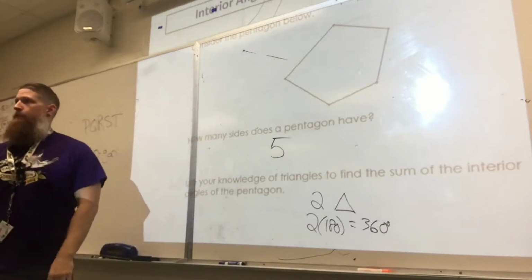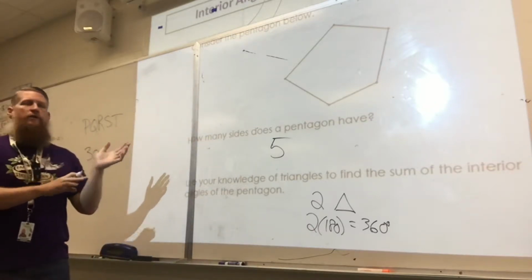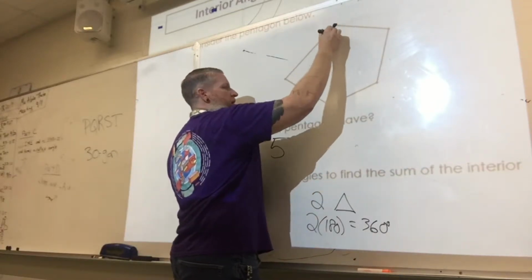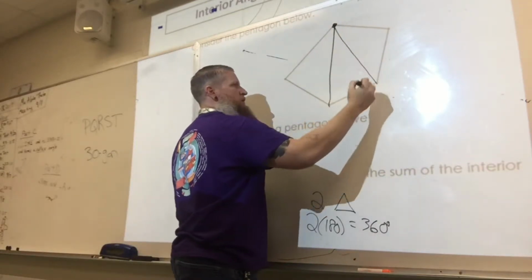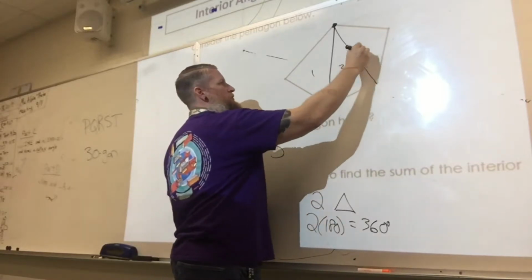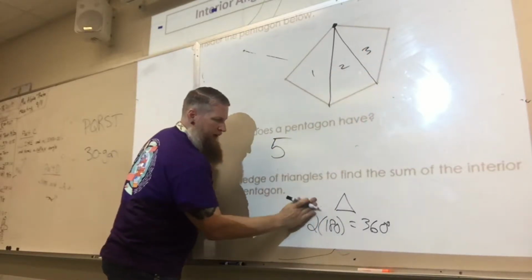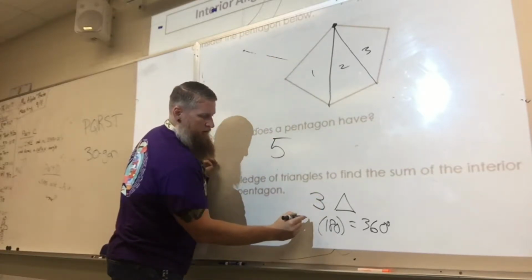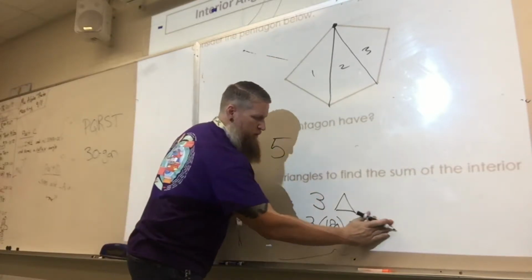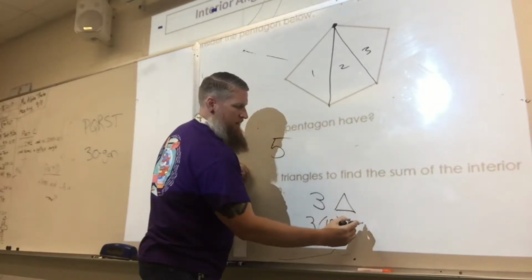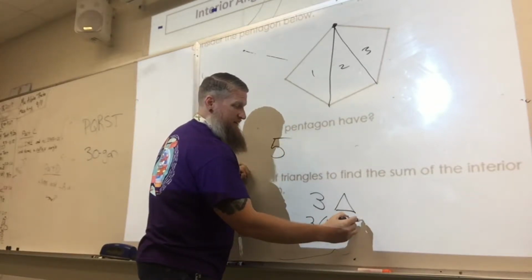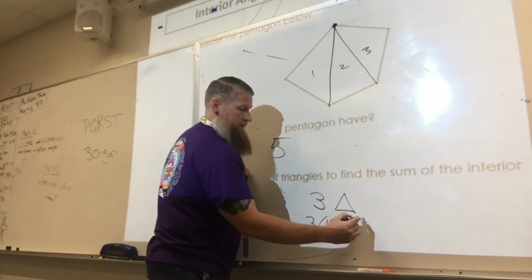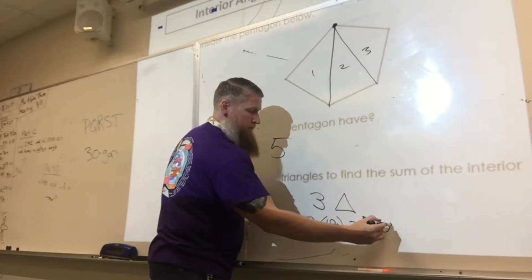So if I break it up into triangles like I did on that quadrilateral, let's say if I start up here, I can break it up into how many triangles? 1, 2, 3. So I know I've got 3 triangles there. So these angles on the inside should be 3 times 180. What's 3 times 180? Anyone got it? Or 360 plus 180? 540. Boom.